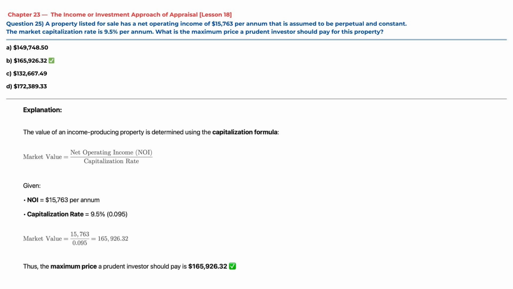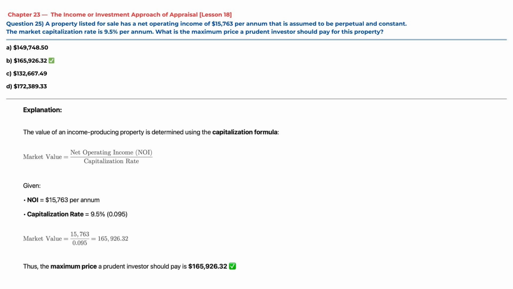Explanation: the value of an income-producing property is determined using the capitalization formula. Market value equals net operating income, NOI, divided by capitalization rate. Given, NOI equals $15,763 per annum. Capitalization rate equals 9.5%, 0.095.